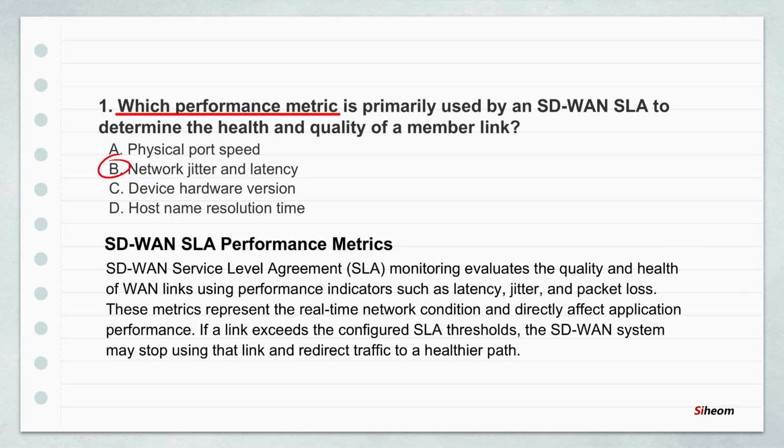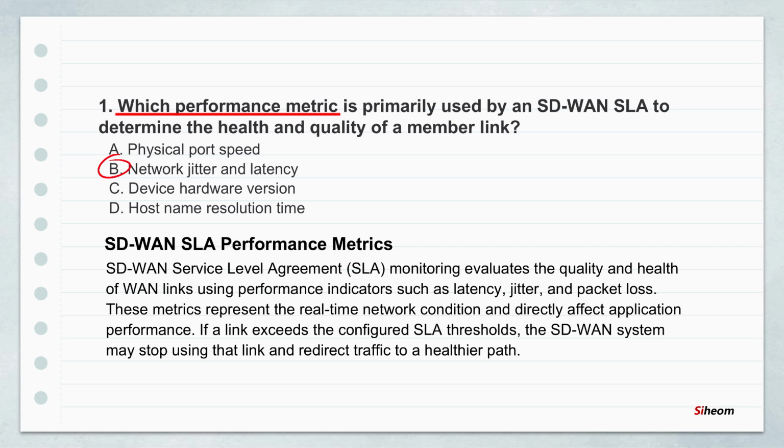That's the correct answer. Because physical port speed is completely irrelevant to actual link health. It's just a theoretical ceiling. I can have a 10 gigabit interface, but if the upstream provider has a massive routing loop, my throughput is effectively zero. Exactly. FortiOS does not care about the physical medium's theoretical capacity when it comes to SD-WAN link health. It cares about the real-time functional state of the overlay and underlay networks.